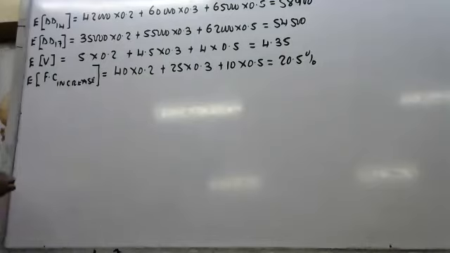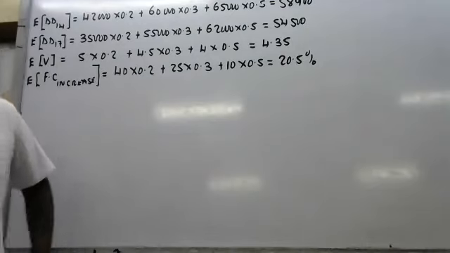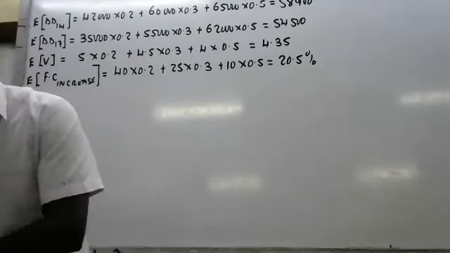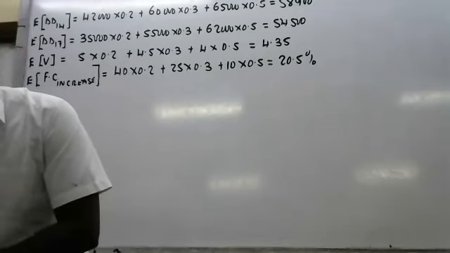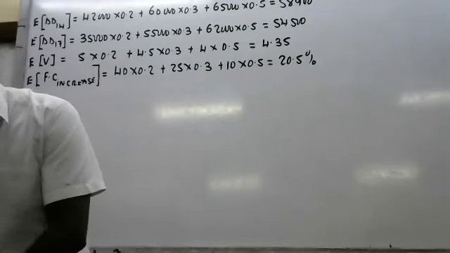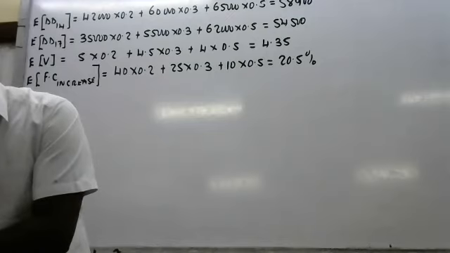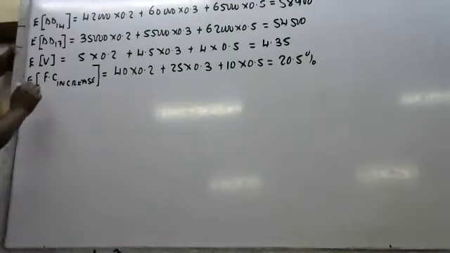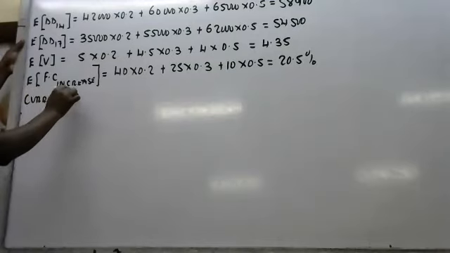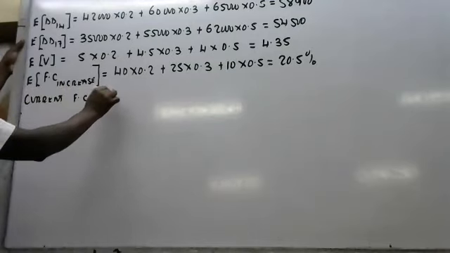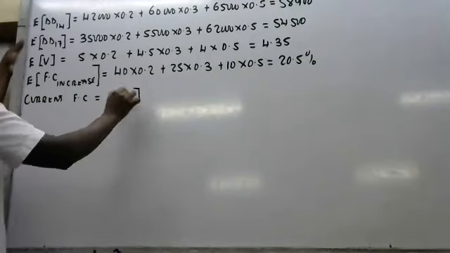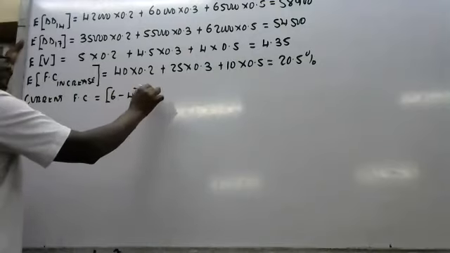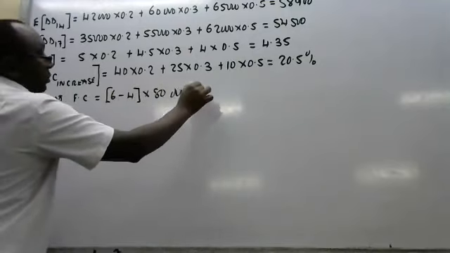So with that now, right now, fixed cost is how much? According to information 1, we are told the total cost per unit was 6, of which 4 was variable. So the current fixed cost will be 6 minus 4, multiplied by the actual number of units that were sold then.